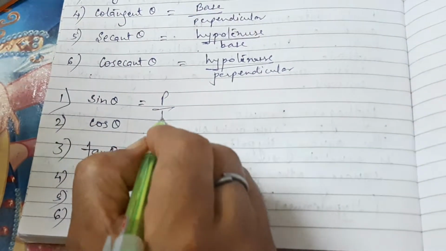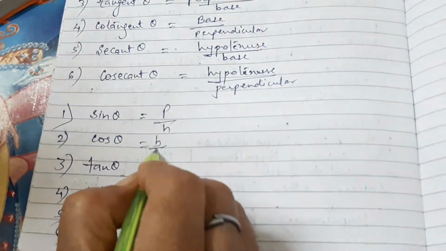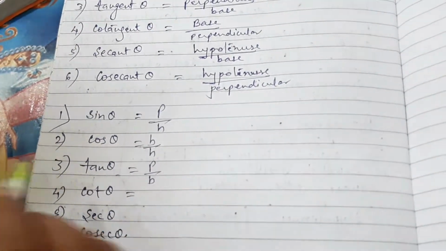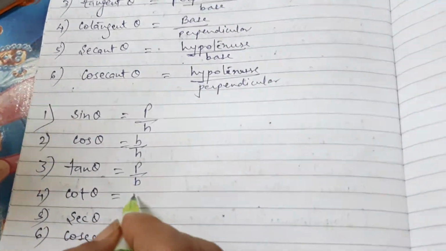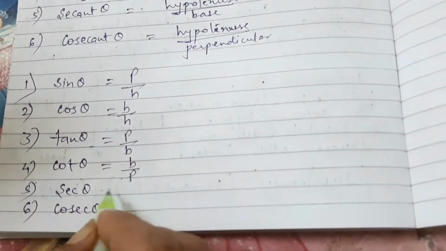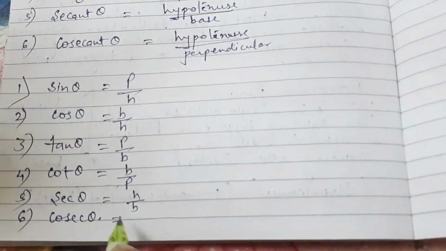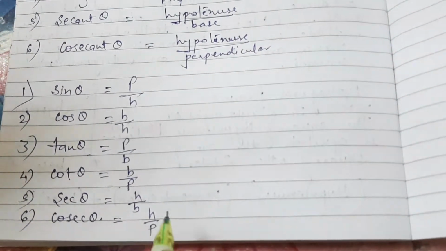This is perpendicular upon hypotenuse, this is base upon hypotenuse, this is perpendicular upon base. Cot theta is base upon perpendicular, sec theta is hypotenuse upon base and cosec theta is hypotenuse upon perpendicular.